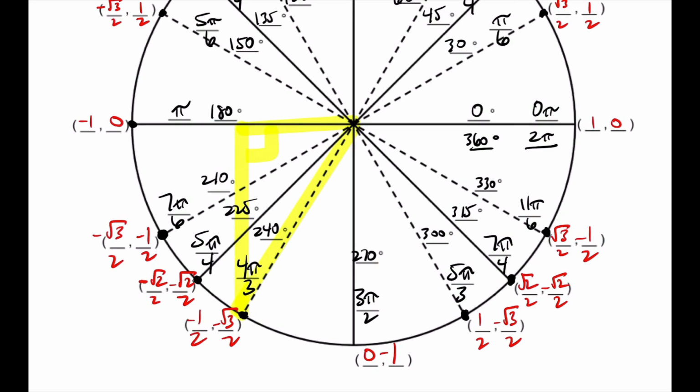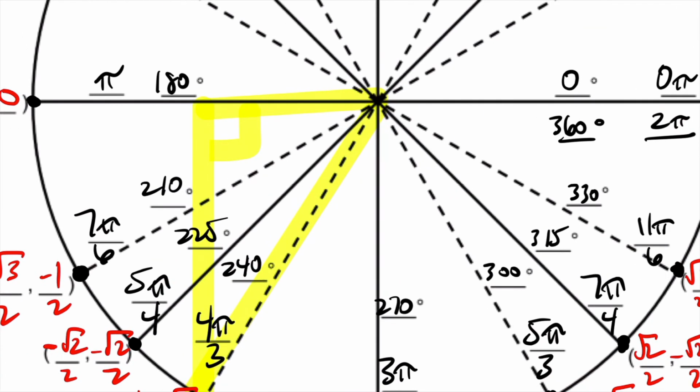Okay, so for 240, what is this angle going to be here for 240? That's 60. Yep, because 240 minus 180 is 60.